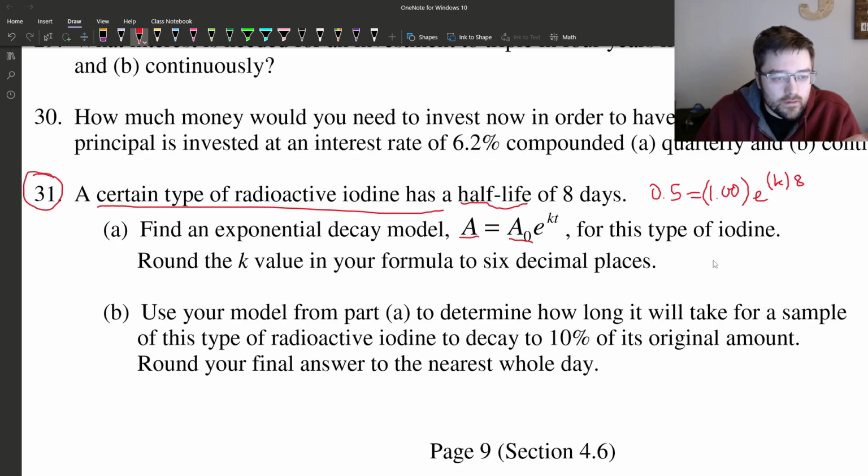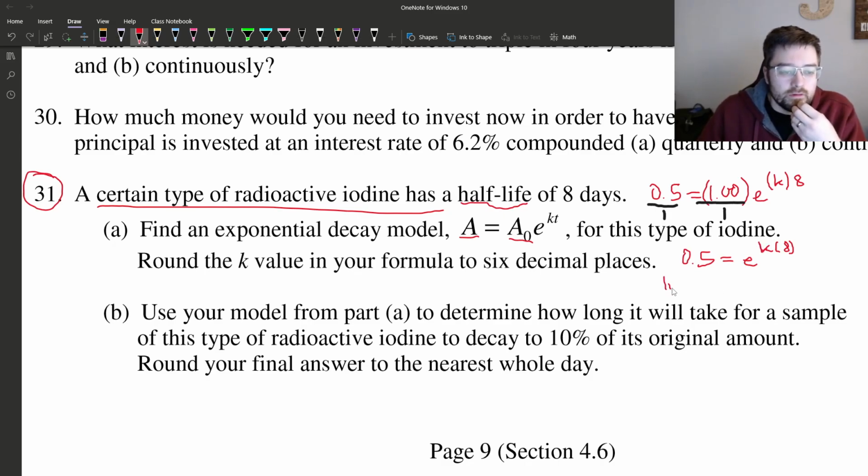Our first calculation at the beginning of this is divide each side by 1, and 0.5 still remains. k times 8. And natural log 0.5 equals k times 8.